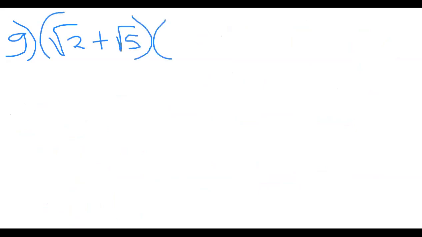Part G says root 2 plus root 5 into brackets root of 3 plus root of, what can I use, plus root of, okay, let me have it as 6, like that.